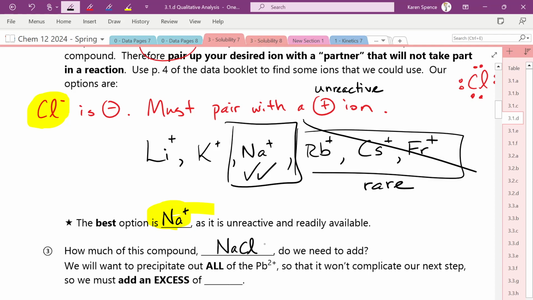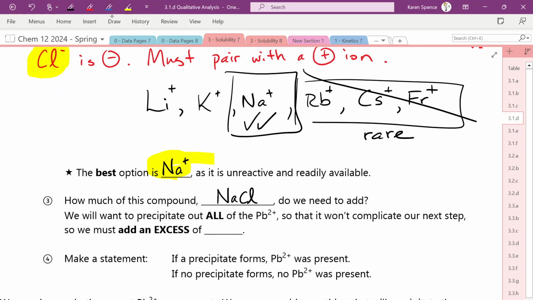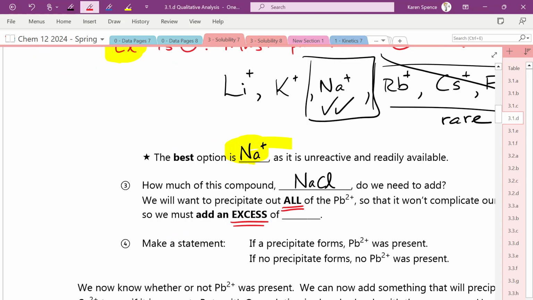And the next question is, how much of this compound do we need to add? Well, the deal is that we want to precipitate out all of the lead. Because otherwise, if there is lead hanging about, it will complicate our next step. So we want to get rid of all of the lead. So we need to add an excess, and the word excess means more than enough.